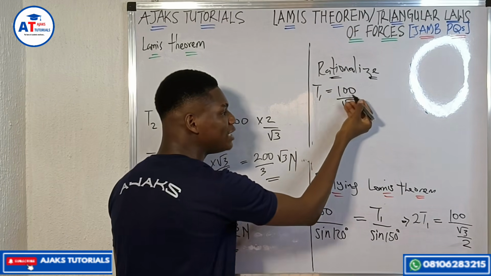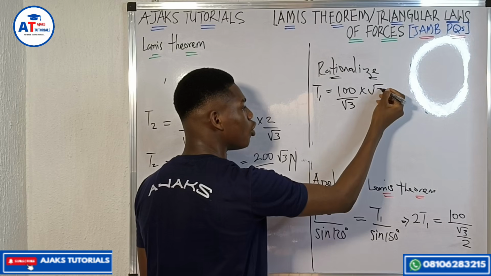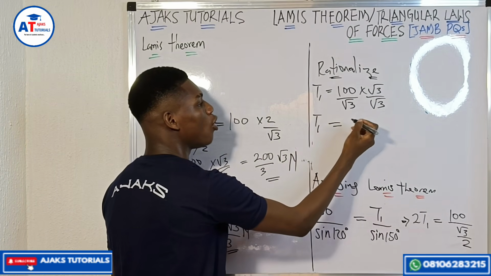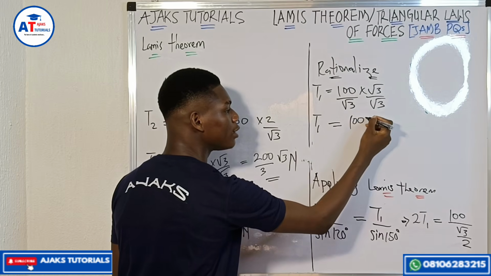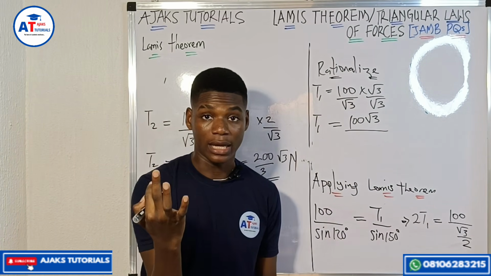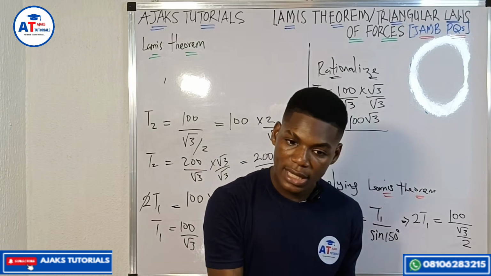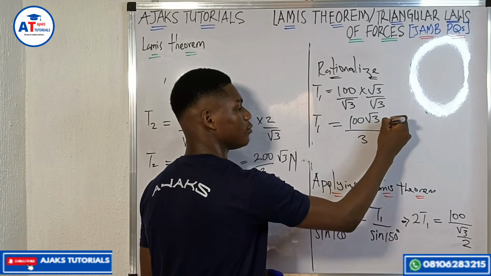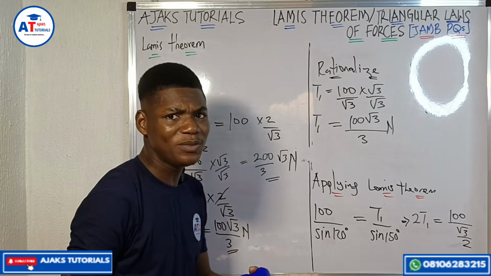Now you multiply the denominator by the fraction up and down. Are you getting it? My T1 is now 100 root 3 over, now root 3 times root 3 is the same thing as 3. Do you understand? Root 3 times root 3 is 3. I hope this is clear.